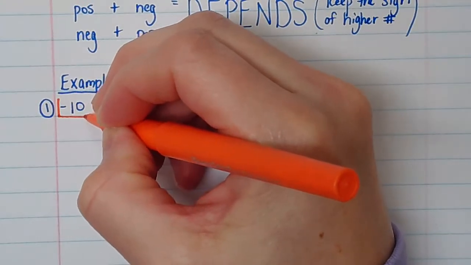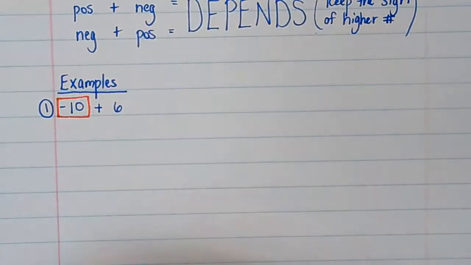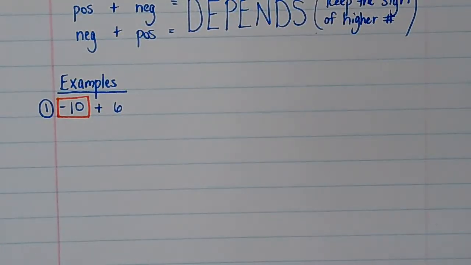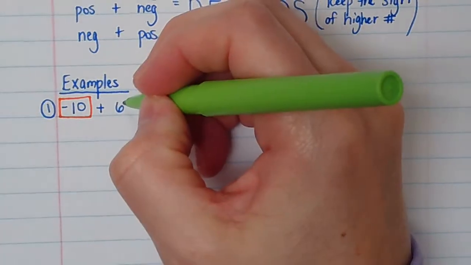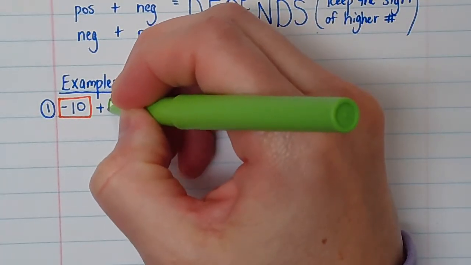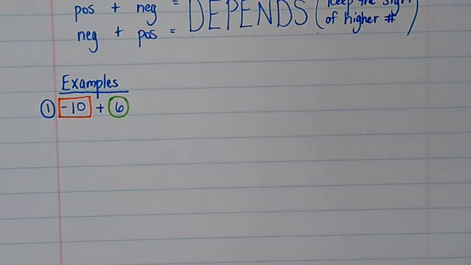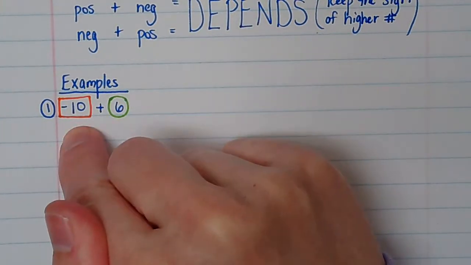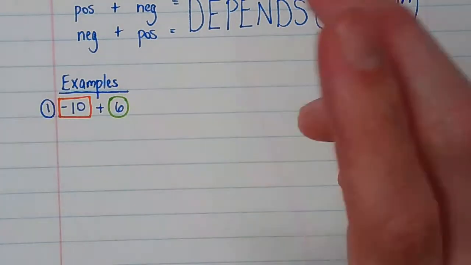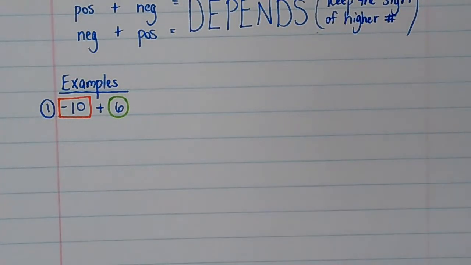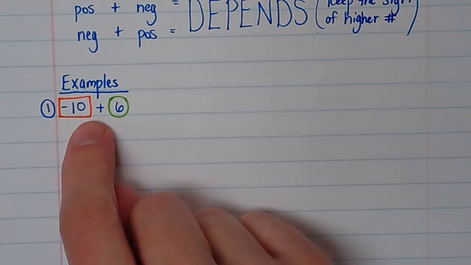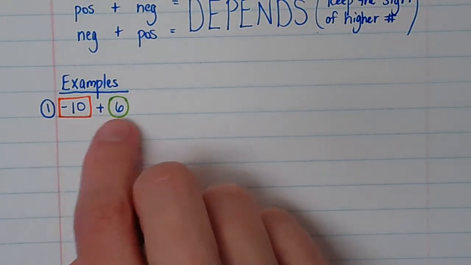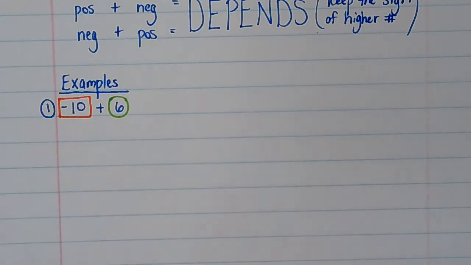So here we have a negative, but since this one is a positive, I'm going to keep it in a different color. If you don't have different colors, you can do different shapes. Like this one's a square, this one's a circle, so you can visualize that, hey, these are different. So then if you go back to your song, they're different signs. If they were the same sign, they'd be the same color or the same shape. But since they are different signs, you have to subtract.